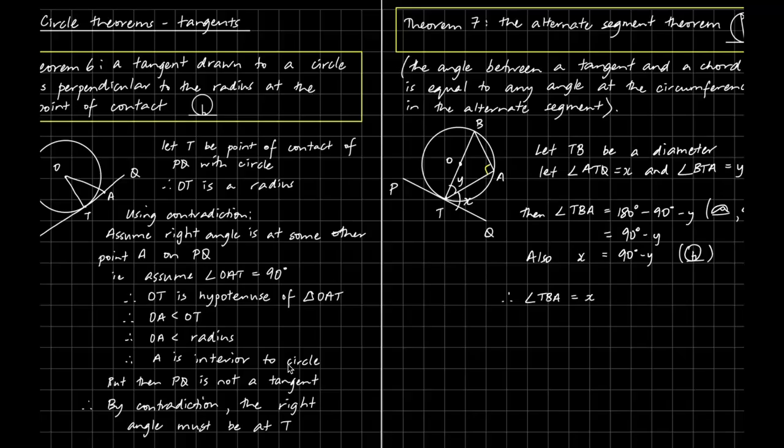And because we've showed that for one angle on arc AT, it must be true for any angle at the circumference in that segment.